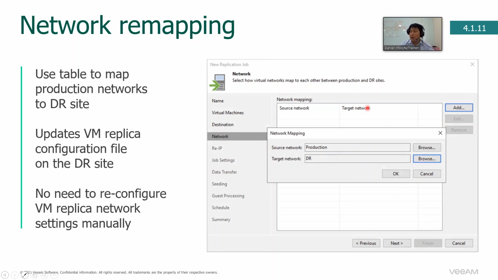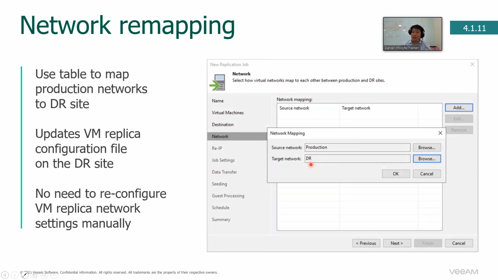You can predefine the mapping here in the replication job. So when we do failover, Veeam will help you change the network attributes to the correct ones so that your virtual machine will be connecting to the correct network VLAN, at least in the DR data center. So this is the first thing you need to do on your virtual machine network attributes. You don't need to do that manually because Veeam will help you change it.